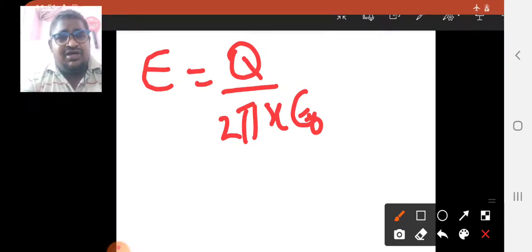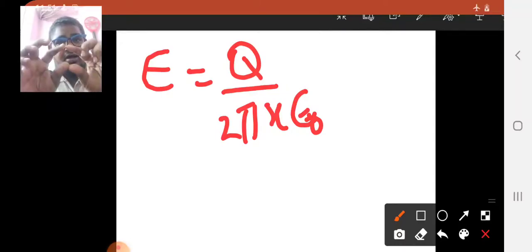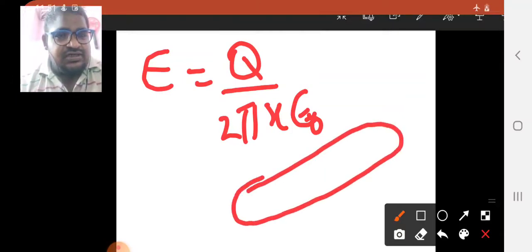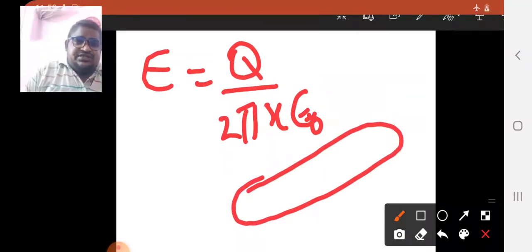Generally, what is the expression? E is equal to Q by 4 pi epsilon R squared. But here, the conductor is like this, so it is not a point charge.